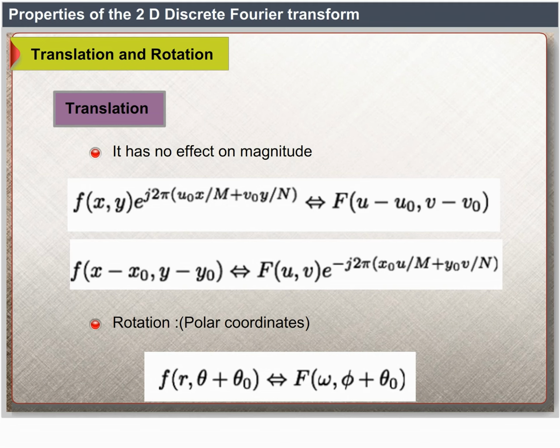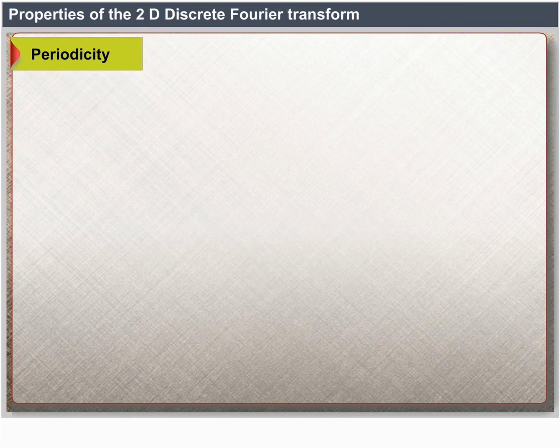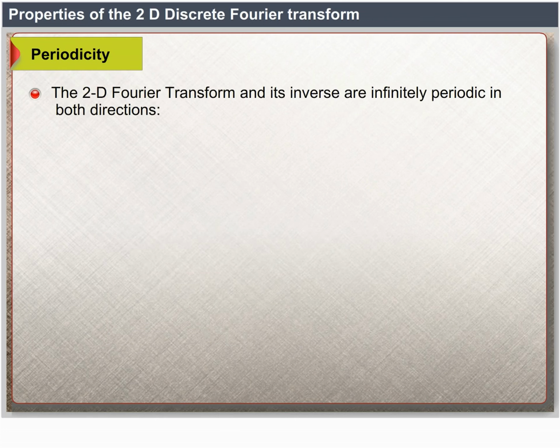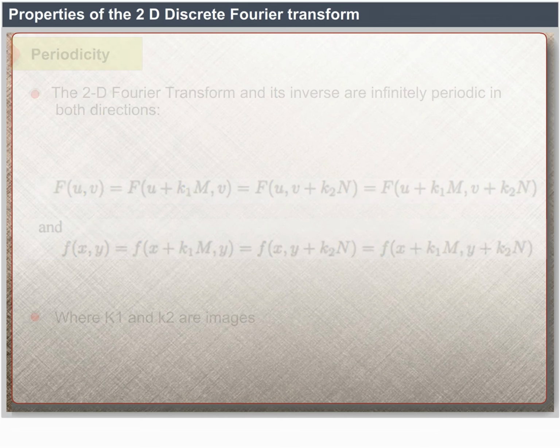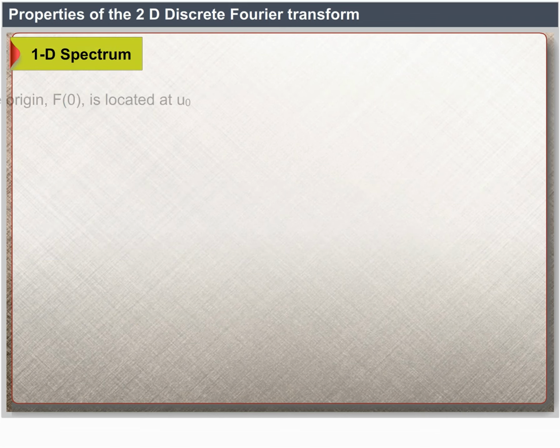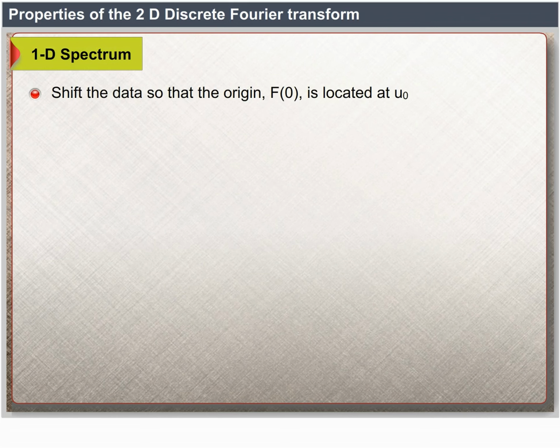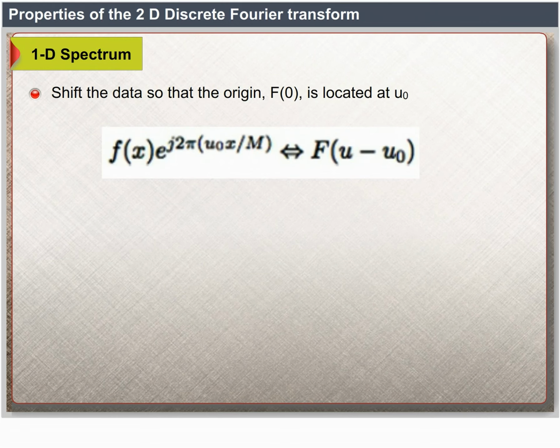If u0 equals M over 2, the equation will put F of 0 at the center of the interval 0 to M minus 1. 2D spectrum. Shift the data so that the origin F of 0, 0 is at the center of the frequency rectangle defined by 0 to M minus 1 and 0 to N minus 1. The equation will be as shown on screen.